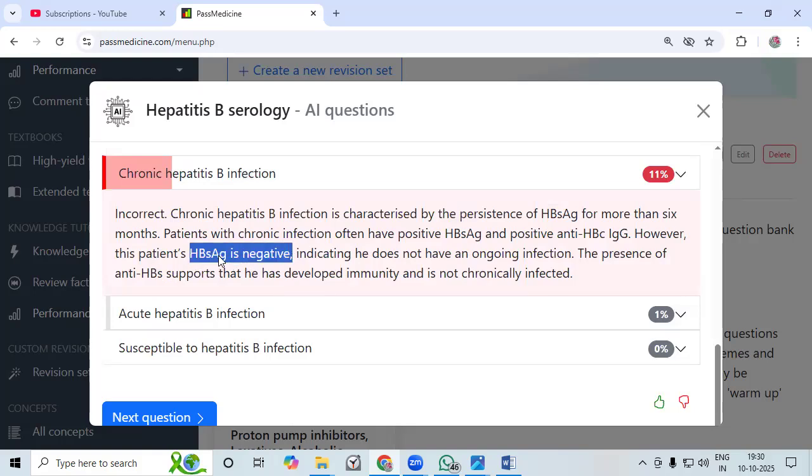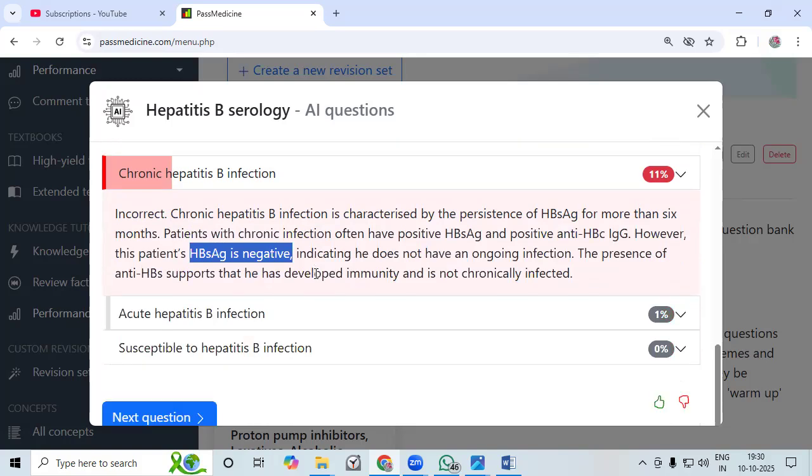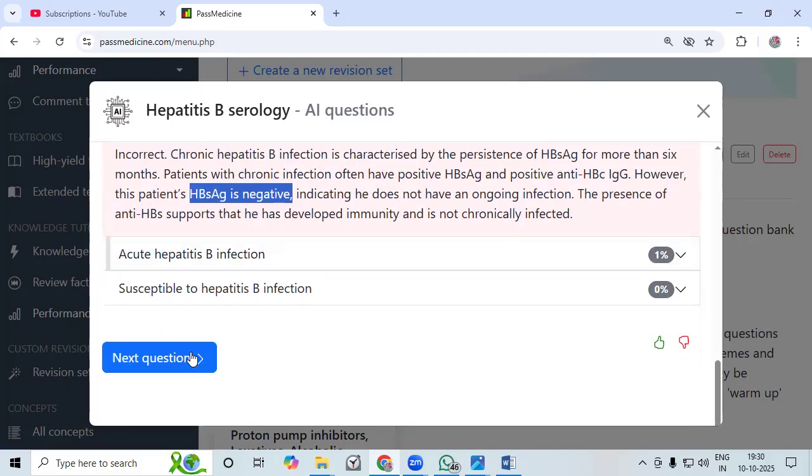That means the patient is no more infected. So in our mind, what happens? We think chronic means the infection is settled. But no, chronic infection is just telling you the timeline. That does not mean the infection is settled. HBs antigen has to be present here.